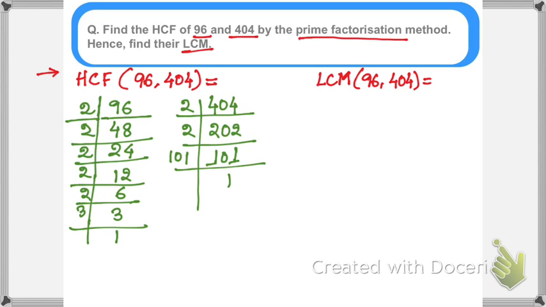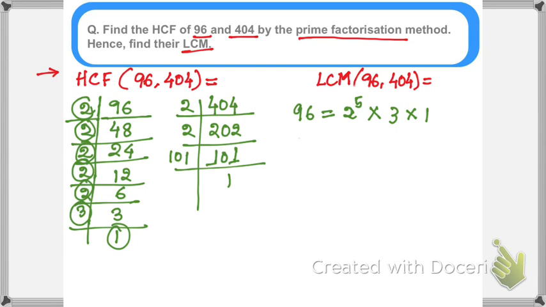So here we can write 96 is equal to 2 to the power 5, that is 1, 2, 3, 4, 5. Right? Here you can write it as 2 to the power 5 into 3 into 1.